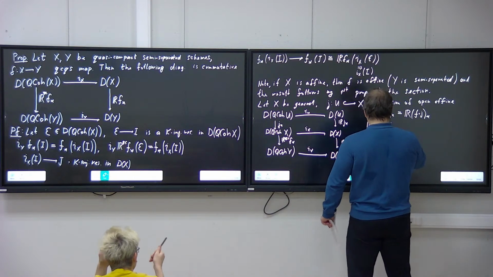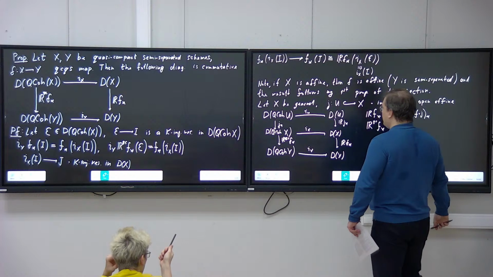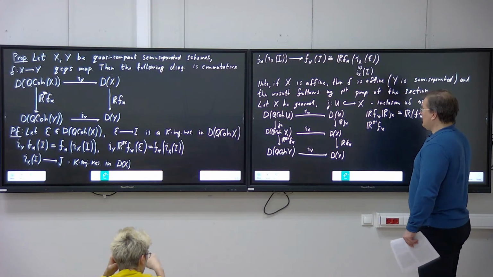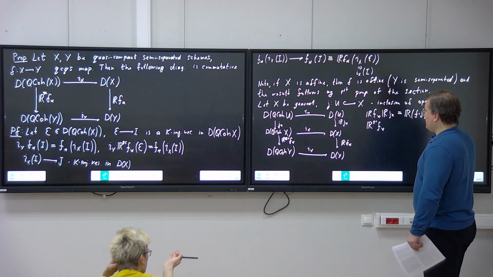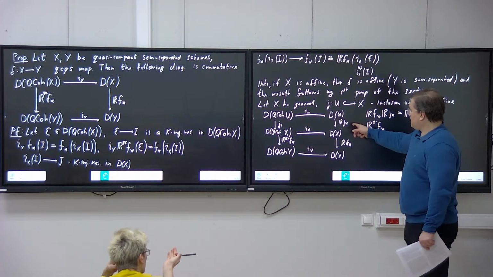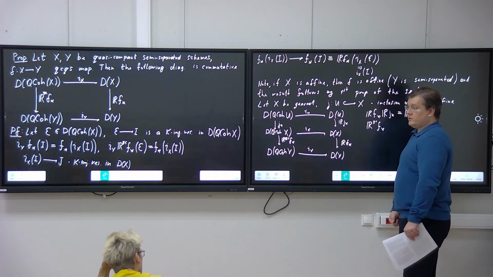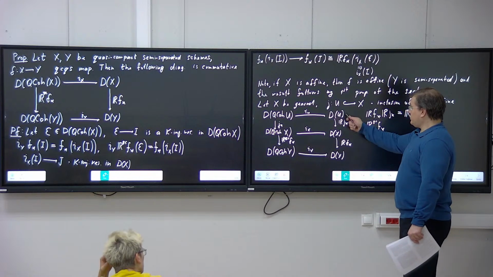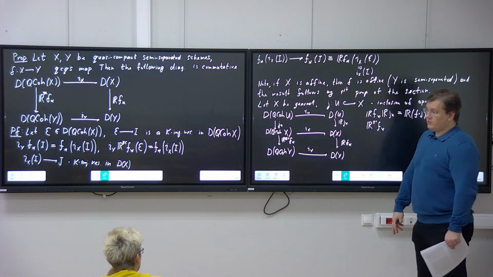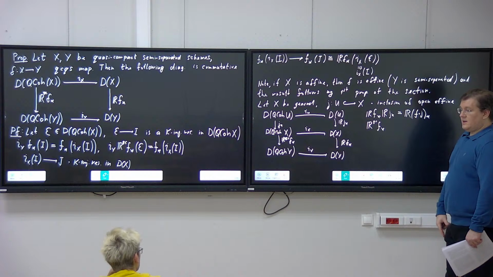So why did you write RJ lower star when you go from D of U to D of X? Isn't it also not derived? No, this has to be derived because a priori this is just a functor between OX modules. So how do you know that this is exact if the map is affine?